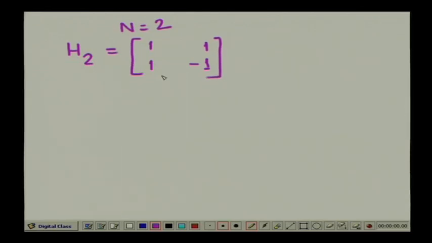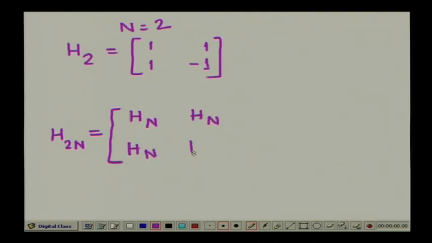And then using this recursively, a Hadamard matrix of dimension 2n can be obtained from a Hadamard matrix of dimension n, which is given by the relation H n, H n, H n and H minus n. So, a Hadamard matrix of higher dimension can be recursively formed from a Hadamard matrix of lower dimension. This is a very important property of the Hadamard transformation.